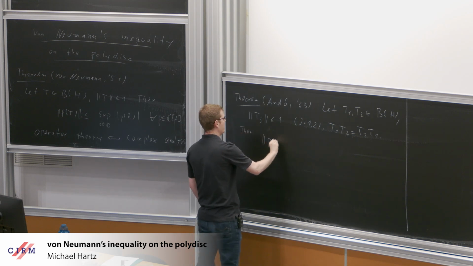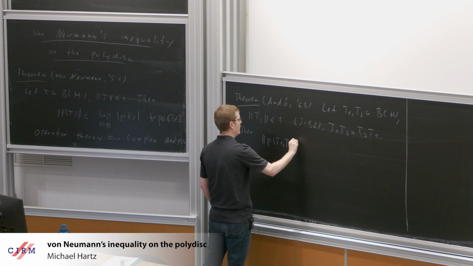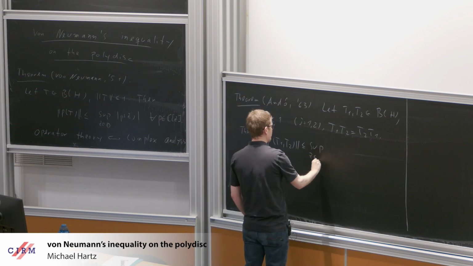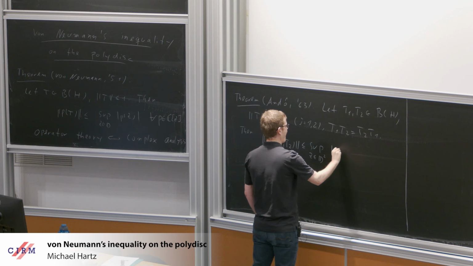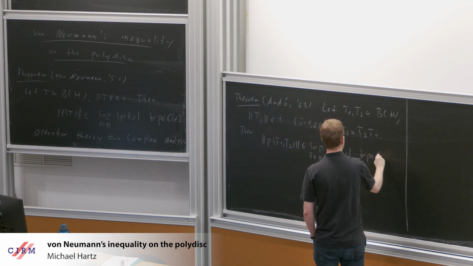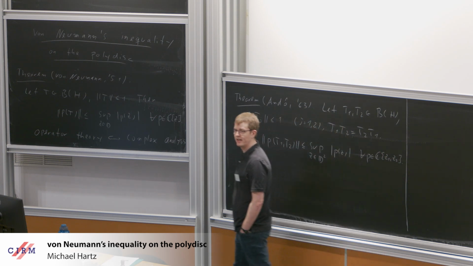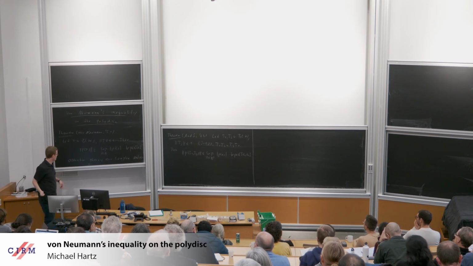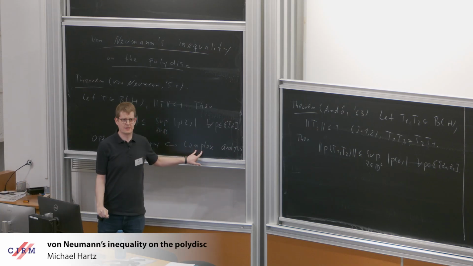So then the norm of P(T1, T2) is at most the sup norm of the polynomial over the bidisk for all polynomials in two variables. And just like in one variable, this gives you a way to go back and forth between operator theory of pairs and complex analysis on the bidisk.